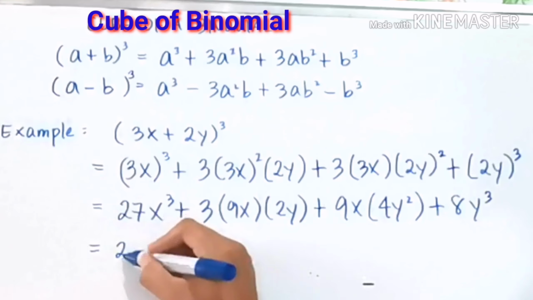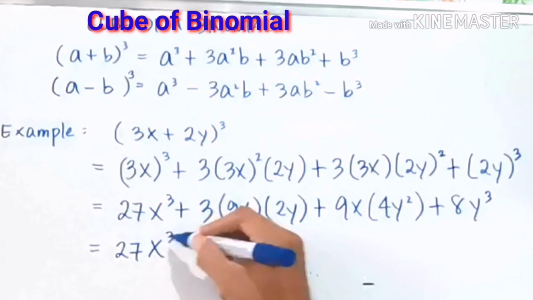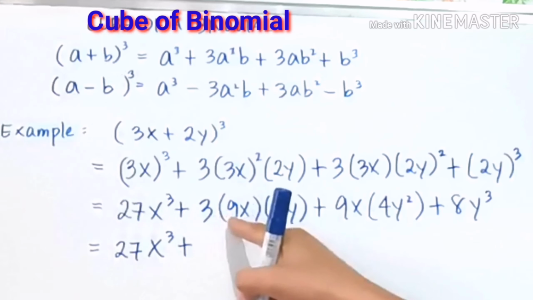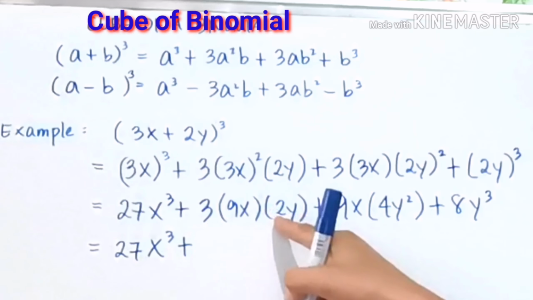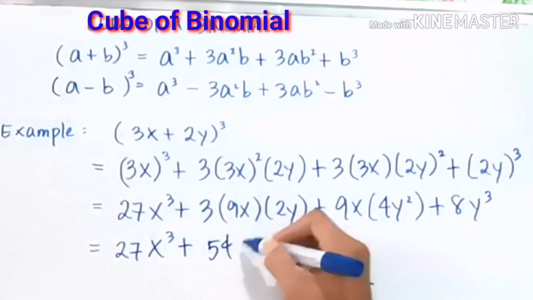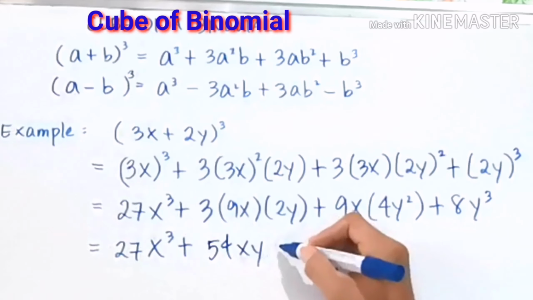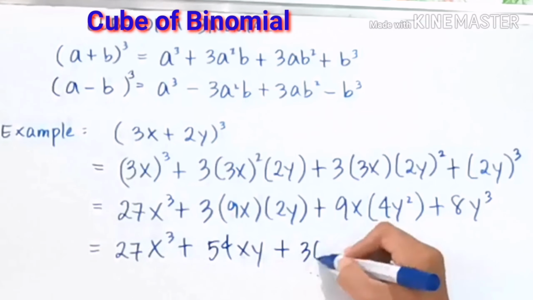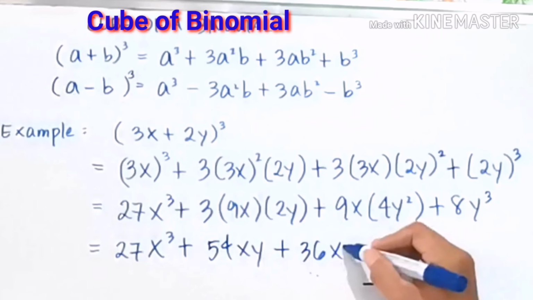So let us just rewrite: 27x cubed plus, so we multiply this 3 here, so we have 27 times 2 is 54xy, plus, multiply 9 and 4, we have 36xy.